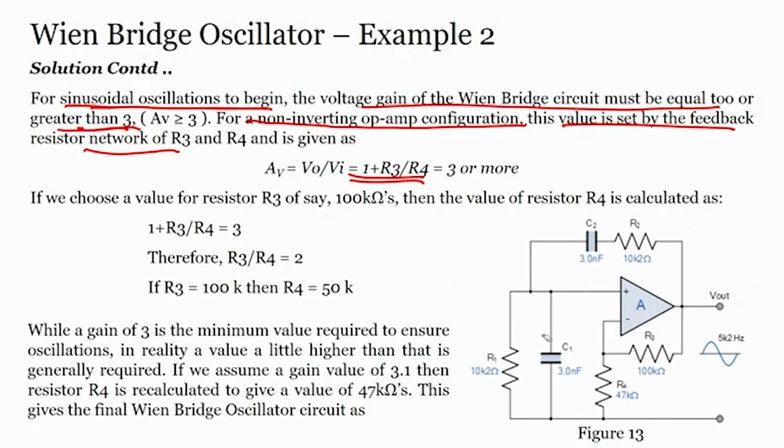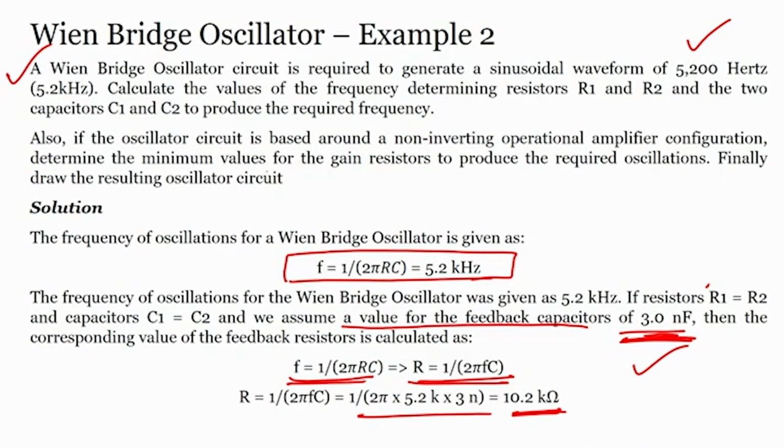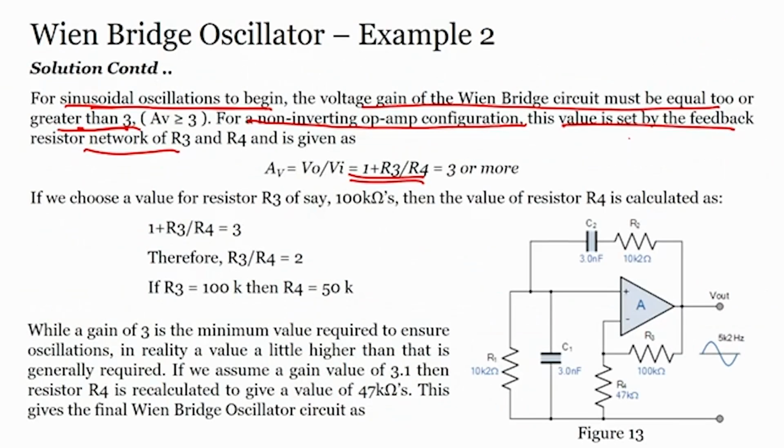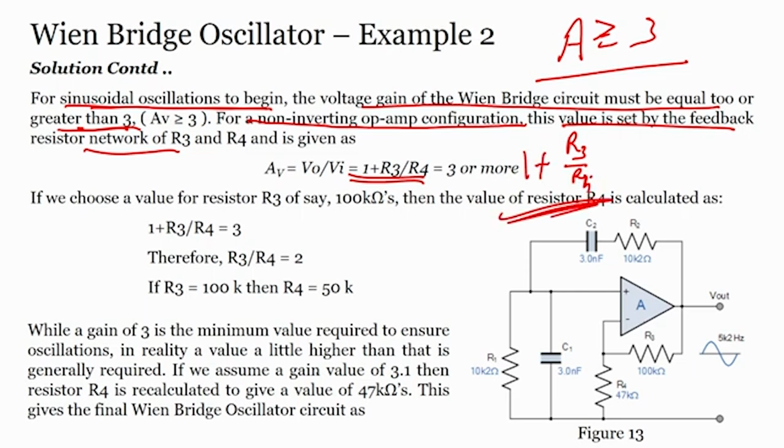Now we know that is the input, and we have to consider the non-inverting amplifier. The gain for a Wein bridge oscillator should be greater than or equal to 3. Then we should have a feedback network with gain 1 plus R3 by R4, because it is a non-inverting amplifier.